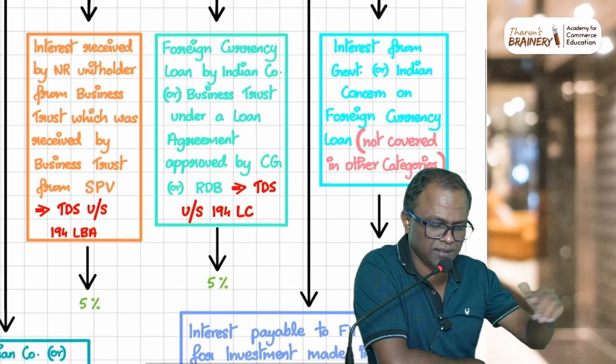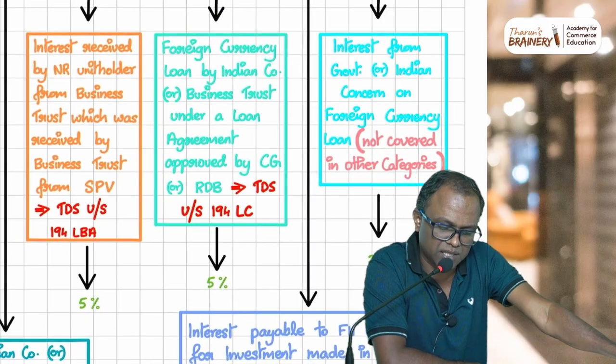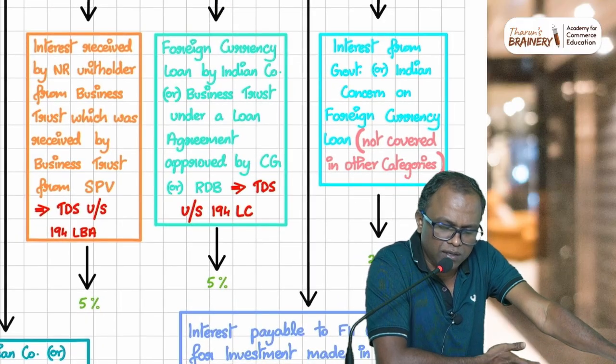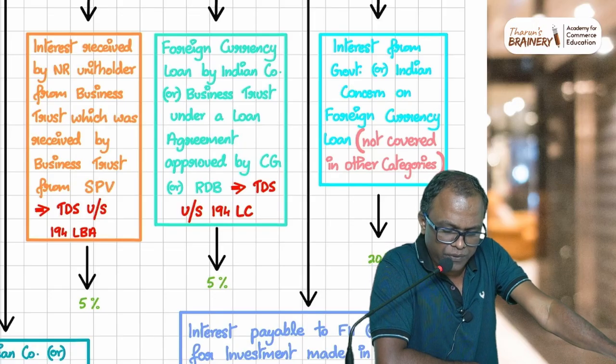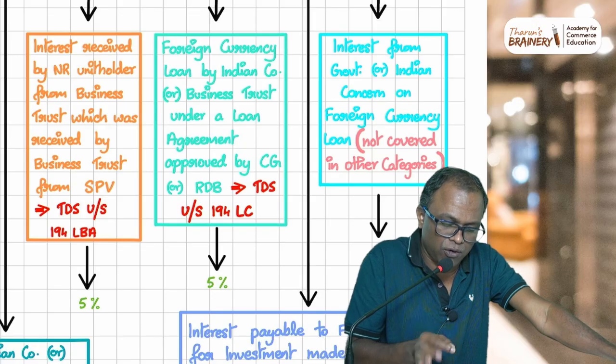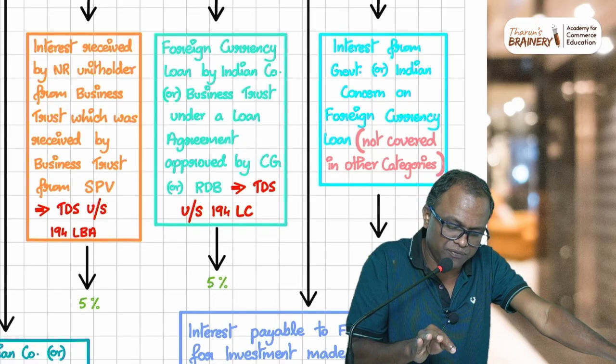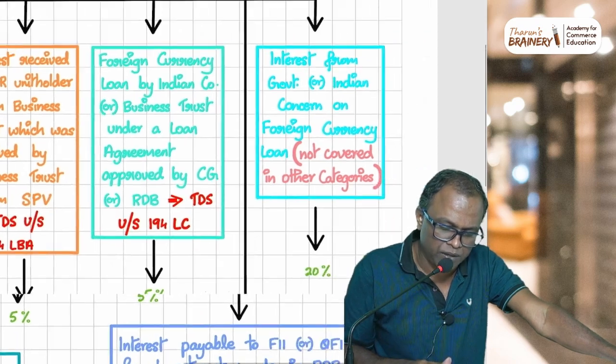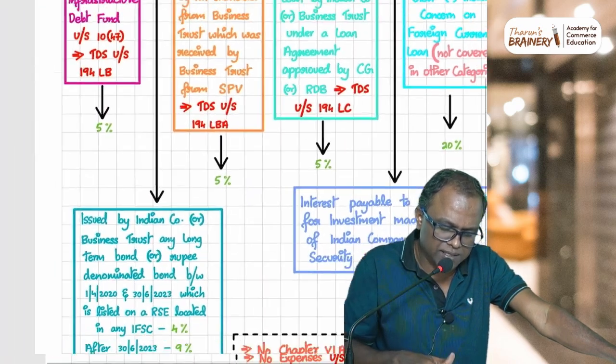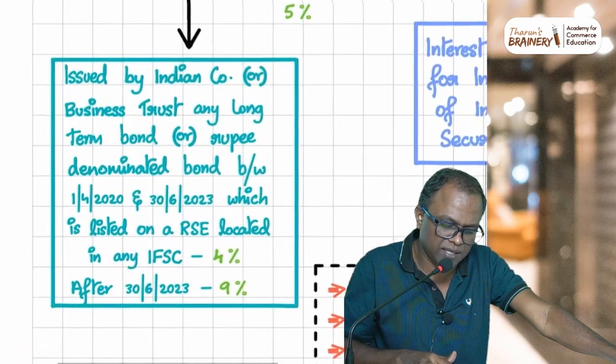So the payer is either an Indian company or a business trust, by way of loan or RDB, and the agreements should be specifically approved by the central government. That is 5%.